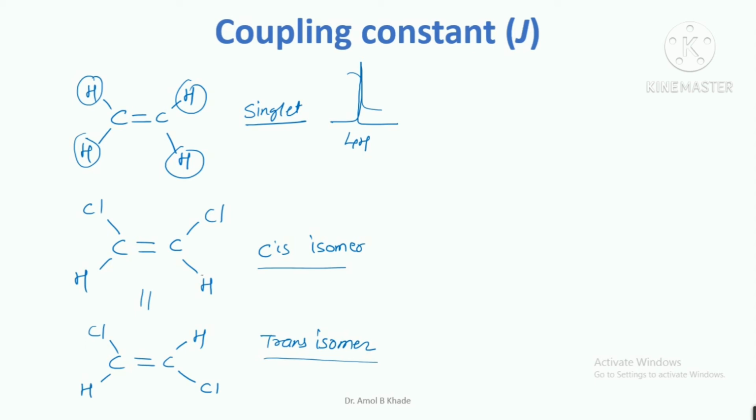This carbon has one proton and the neighboring carbon has another proton, so n is 1, and obviously this signal appears as a doublet. Here again the neighboring carbon has one proton, so this will also appear as a doublet.